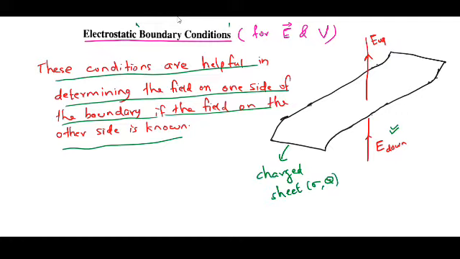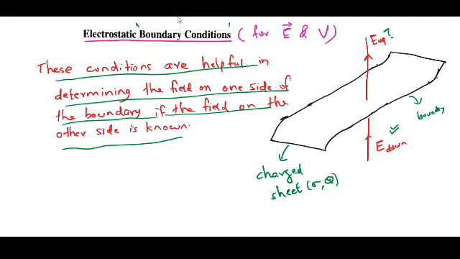That is, the sheet is the boundary. We need to calculate the value of the electric field in the second medium, that is E up. This is possible if you know the boundary conditions.